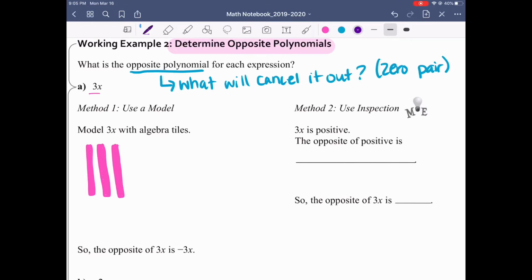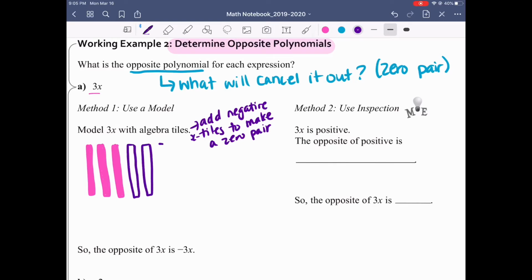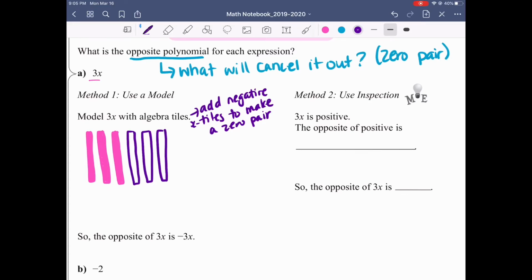Okay, so I'm going to actually write that here. So add negative x tiles to make a zero pair. How many do we have to add to make it a zero pair? Well, if there's 3 positives, then that means we have to add 3 negatives to make a zero pair, to make them cancel out. So the opposite of 3x is negative 3x.